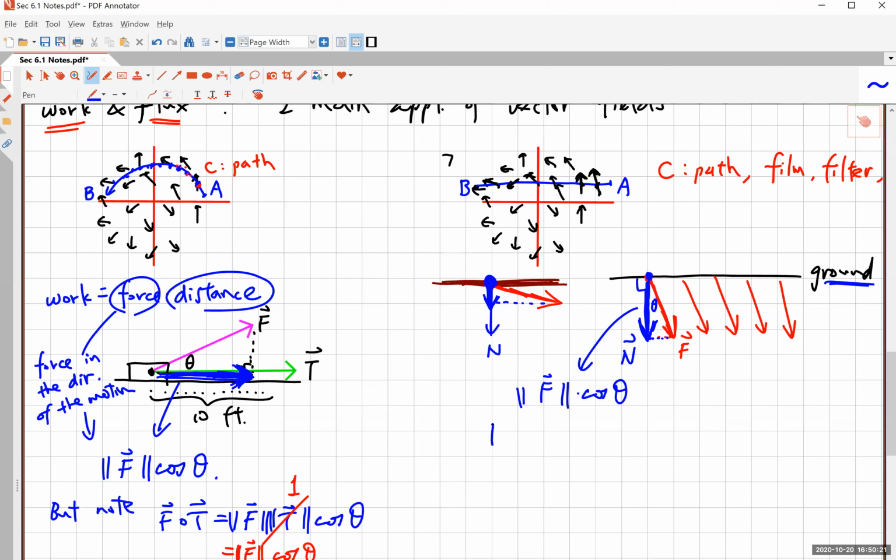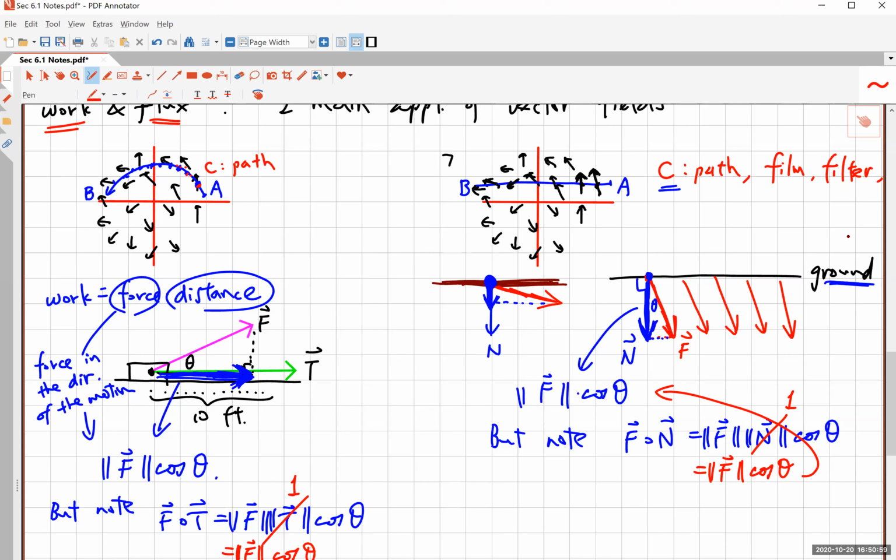Okay, but again, note that F dot N, in this case, N being the perpendicular, a normal vector to the ground or to the path C, F dot N is the magnitude of F times the magnitude of N times the cosine of theta. And of course, you know what comes next. The magnitude of the unit normal vector is simply 1. So this is the magnitude of F times cosine of theta, which is exactly the amount of penetration or amount of the flux at this one particular point.